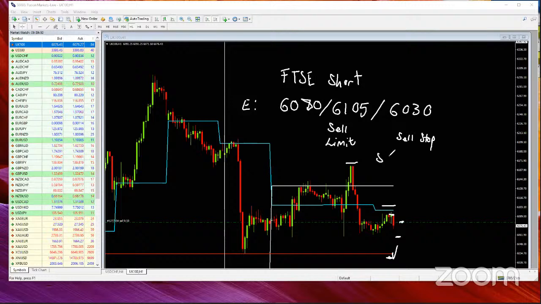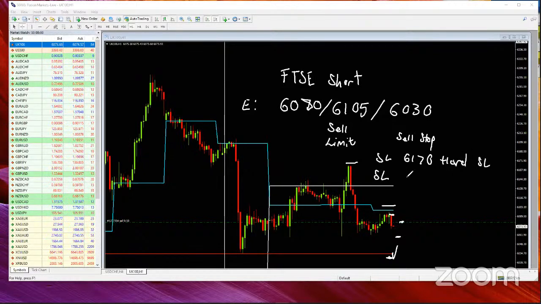So stop loss 61.70, that's the hard stop loss. But the soft stop loss, I wouldn't want to see it above 61.10. So that's the plan.